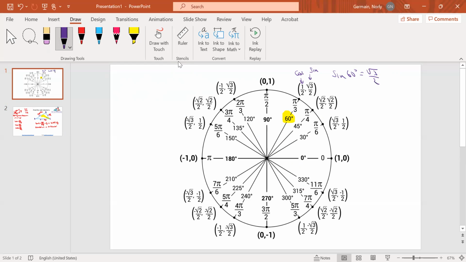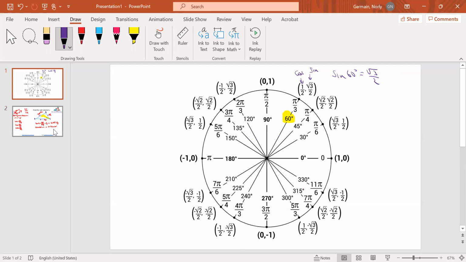For those angles, because they are the most common angles around the unit circle, if you deal with 30, 45, 60, 120, 135, etc., you can always verify the exact value of these angles in the unit circle.